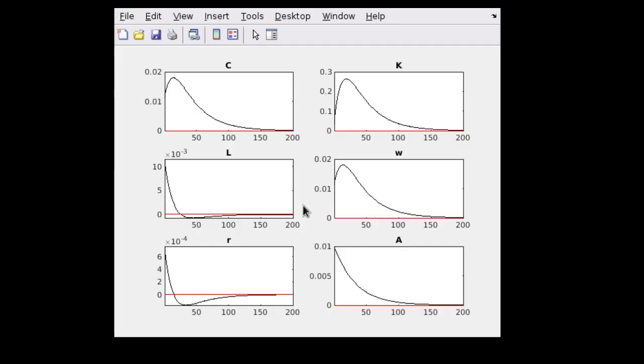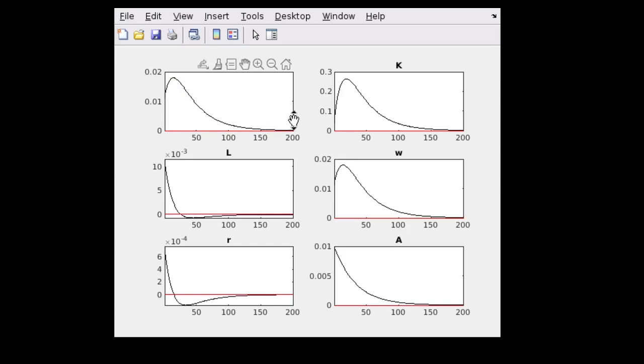There is also graphical output that shows the impulse response function to a shock of one standard deviation on the innovation to total factor productivity. So when there is a positive shock, consumption will increase on impact. Then there is a hump. With inertia, it keeps increasing even after the shock, since the shock is autocorrelated, and then slowly comes down.